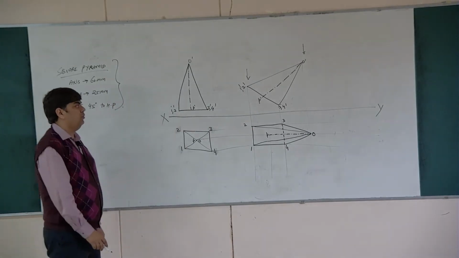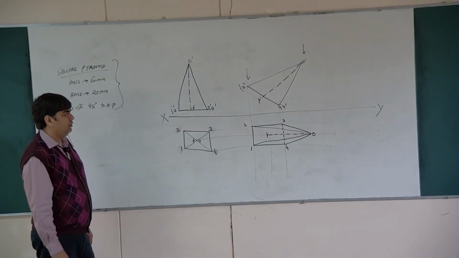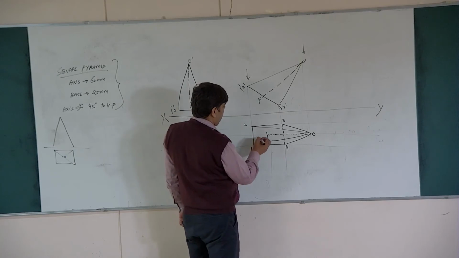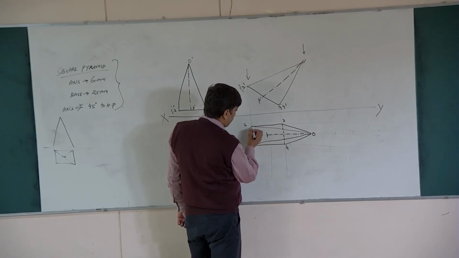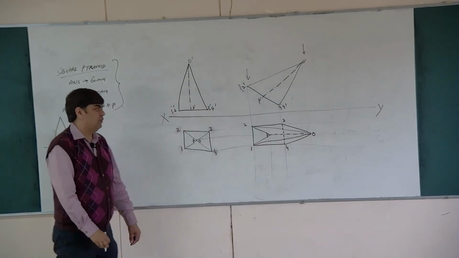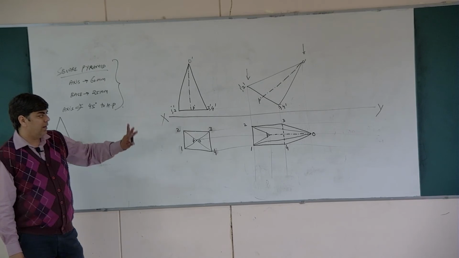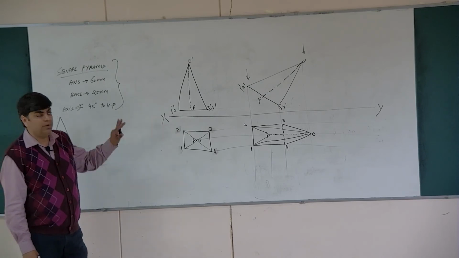So this is how you have to generate the solid. 2 to P, and 1 to P. Whenever you draw to scale, you will get the actual figure. So it will be something like this.